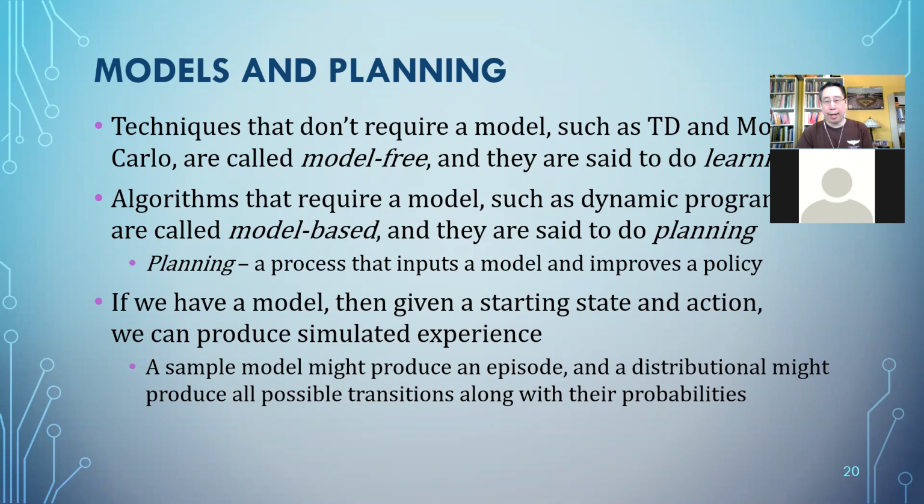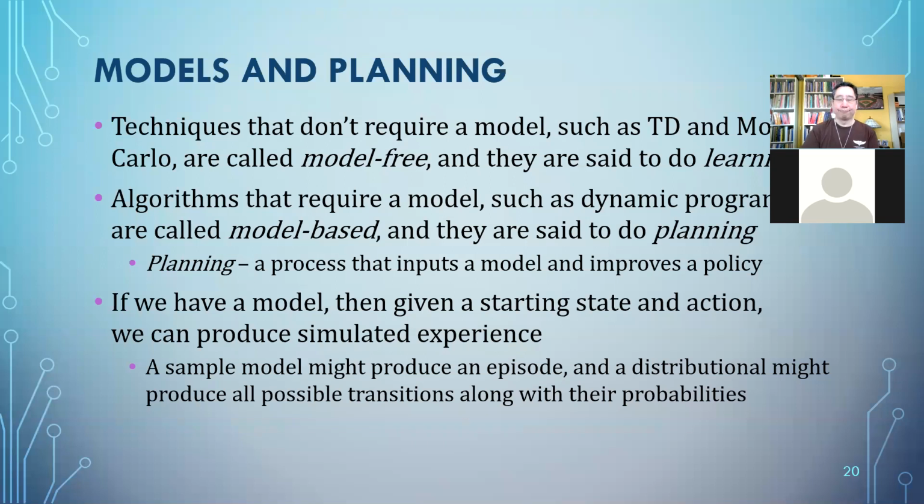What's different about having a model from the algorithms we looked at before, like TD and Q-learning, is that if you're in a given starting state and you take an action, not only can we follow an action and get a reward signal back from the environment that tells us our new state, but with our model, we can say, this is what we think would happen if we took a particular action. And so essentially we can now simulate experience.